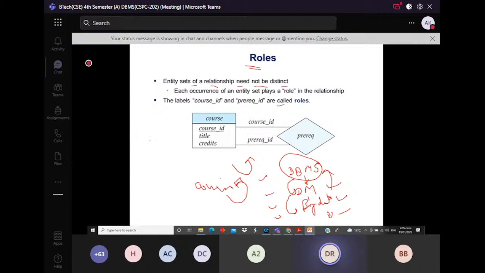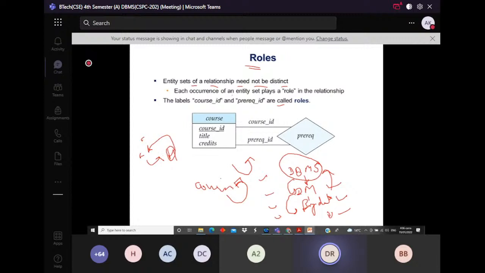Like I told you just now in the employee relation, a particular employee is under the control of a head, and the head is further an employee. So there is a relationship between an employee and an employee. If there is a relationship between two entities and the entities belong to the same entity set, then that is called role.